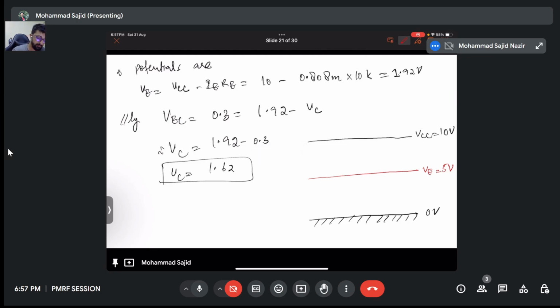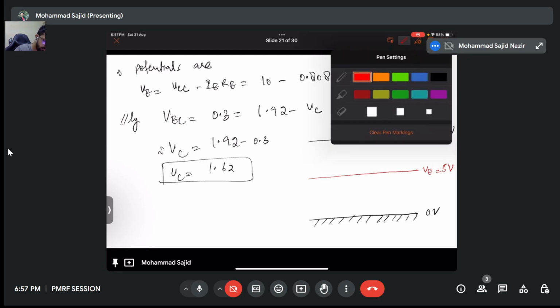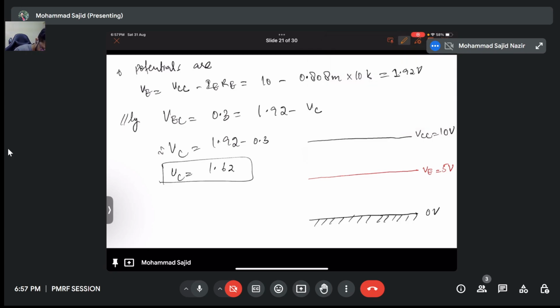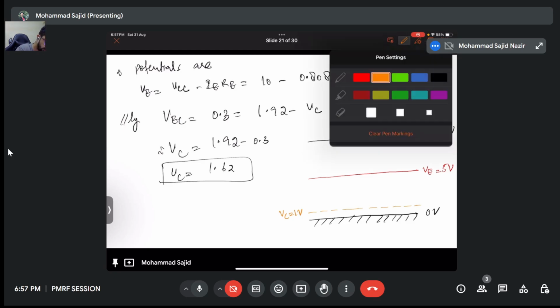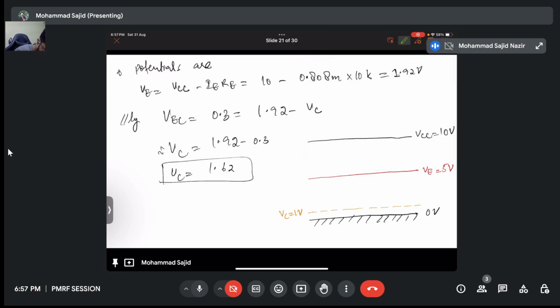And then we have VC of 1 volt, and on top of it, we will have a swing with a maximum value of 1 volt.